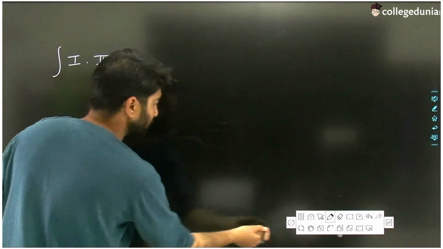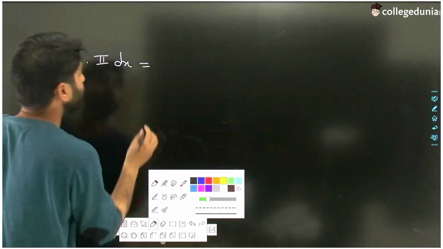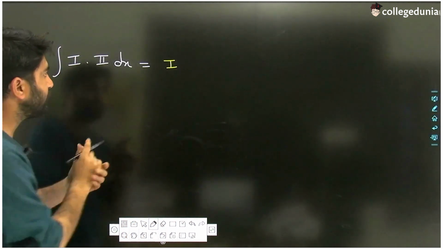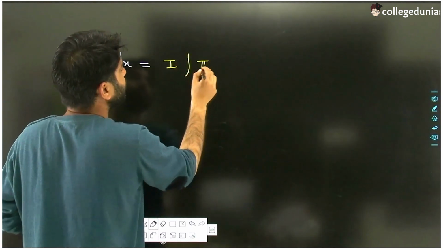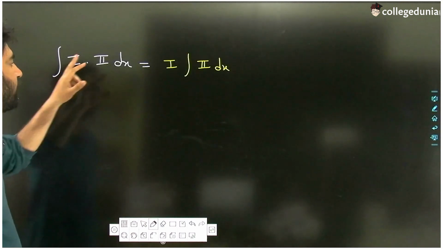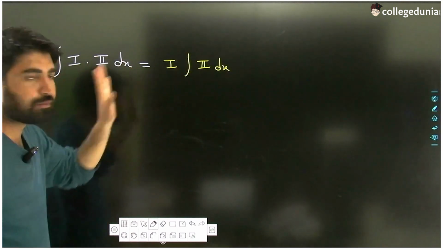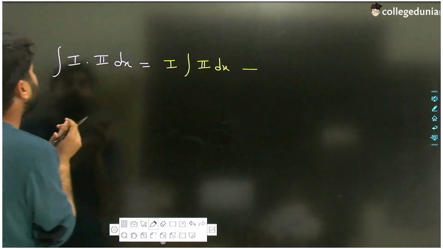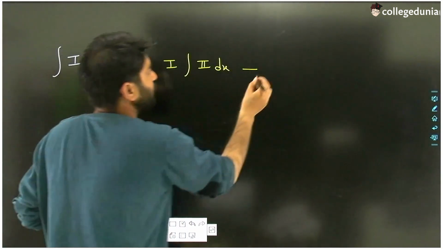According to this method, the first function is written as it is, and then we have to integrate the second function. First function as it is, then integration of second, then minus, then we have to differentiate the first function.